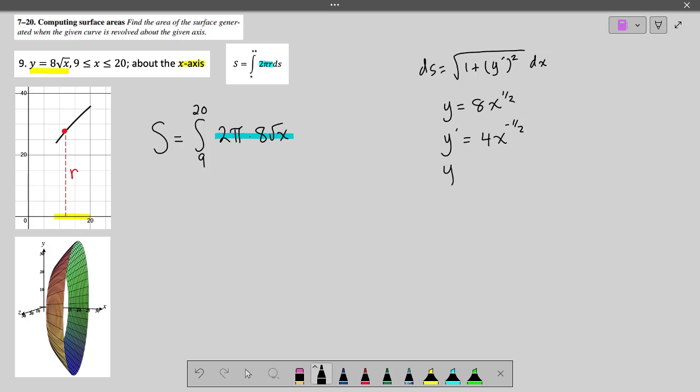The square of that derivative is going to be 16 over x. Now you could rewrite this as 4 over the square root of x, correct? X to the negative 1/2 is 1 over x to the half, which is 1 over the square root of x. So if we square that, we get this.